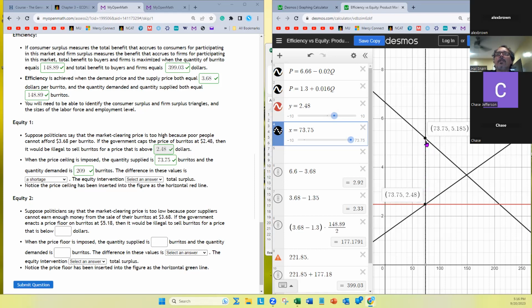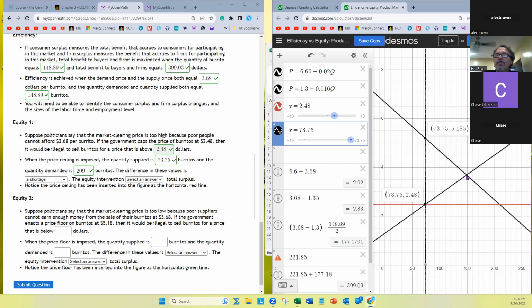What happened to the middle income people? You can think of the people on the line segment here on the demand curve as middle income people. What happened to them? Well, they can't buy the burrito because only 73.75 are supplied, right, in my model. So this eliminates middle income people from purchasing burritos in this market.